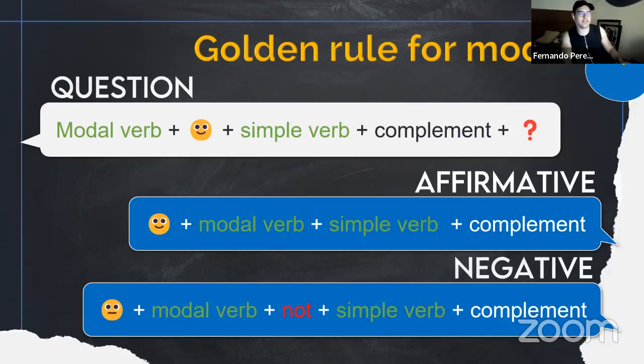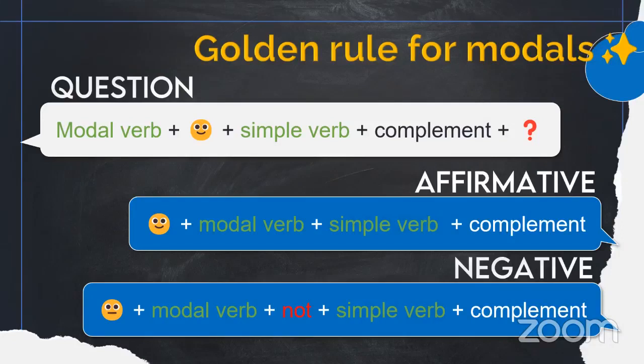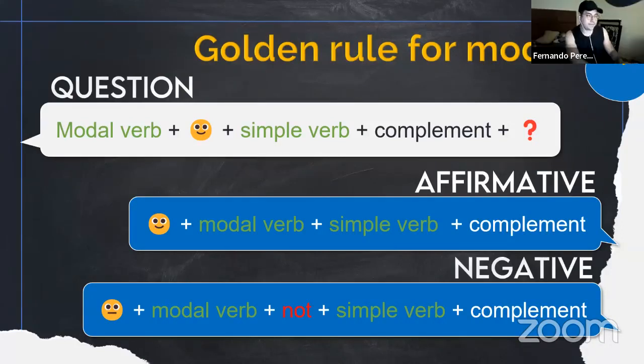You always use a verb in simple form. That's correct. Never use a verb in present, a verb in past, or the connector to. Never.